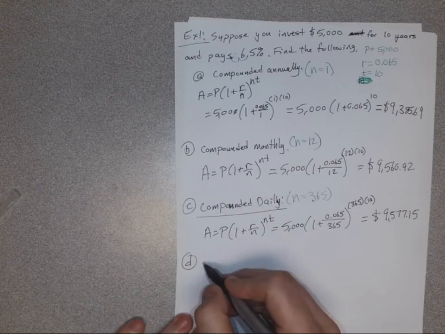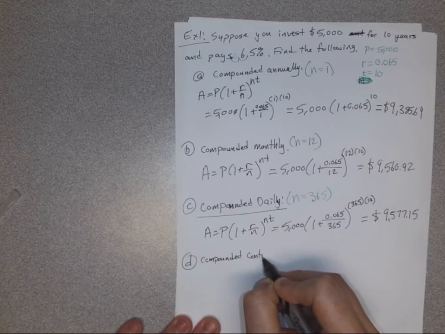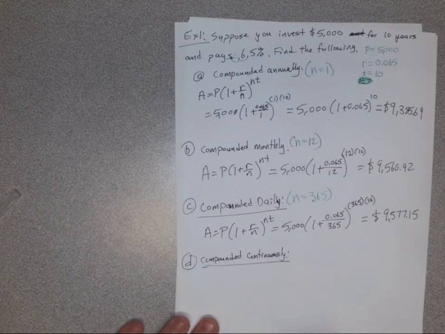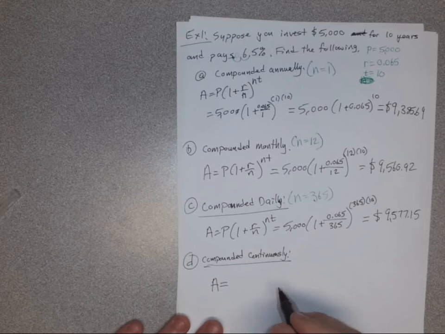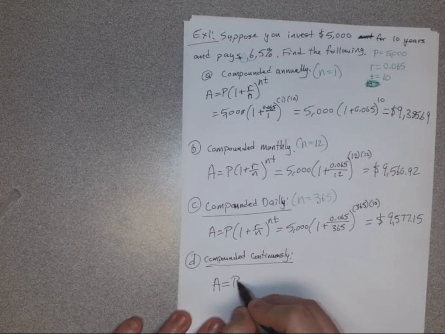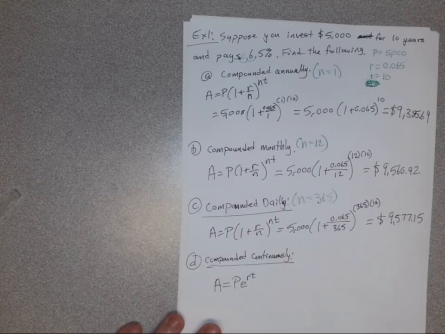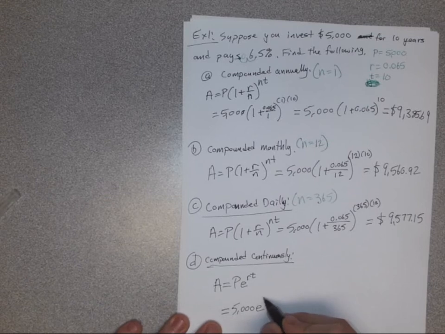The last one I want to do is compounded continuously. Start by writing the formula, which is A equals PERT. That's how I remember it, PERT. P times E, and E is raised to the R times T power. And we know all this information already. P is 5,000 times E, and E is raised to the R times T power.